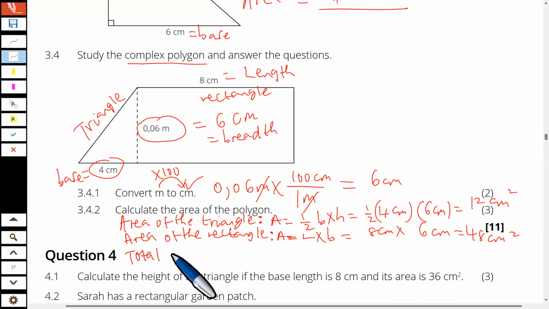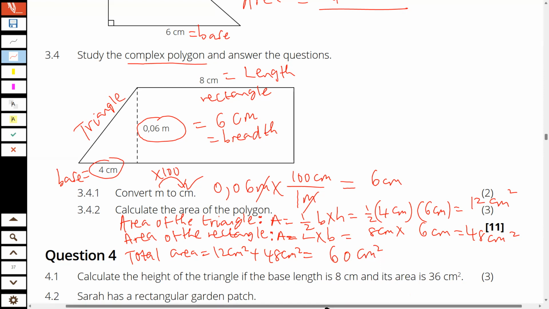The total area is exactly 12 plus 48. What is 12 plus 48? It's 60.